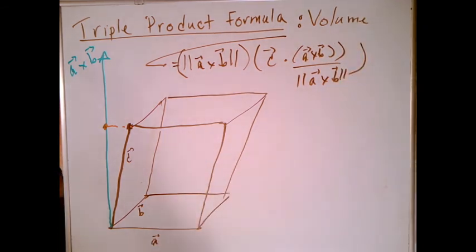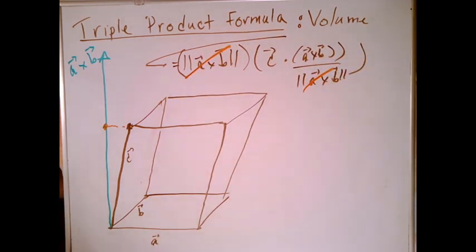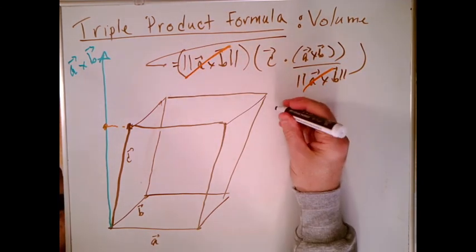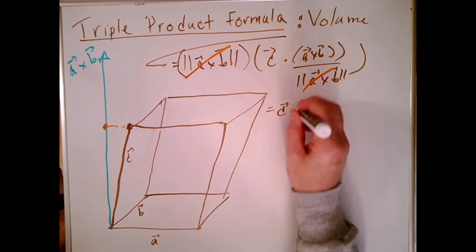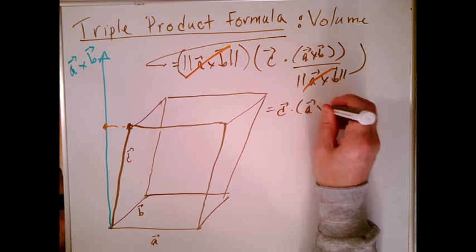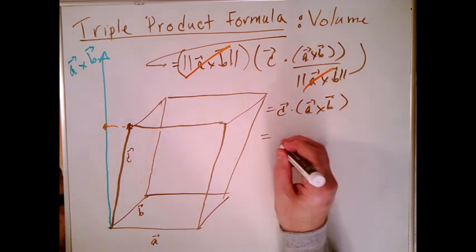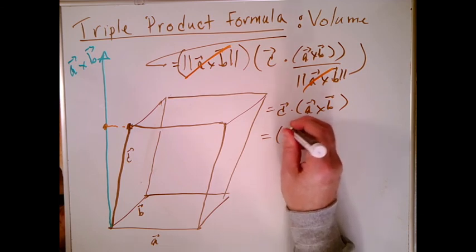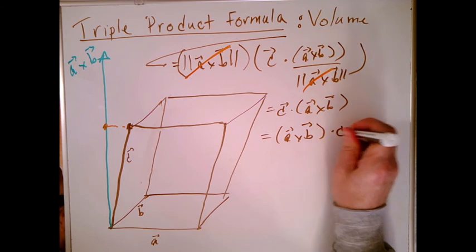So what happens? Well, you can see that the icky stuff all crosses out. We're going to get C dot A cross B, and dot product is commutative, so we can rewrite this so it feels better. We can write this as A cross B dot C.